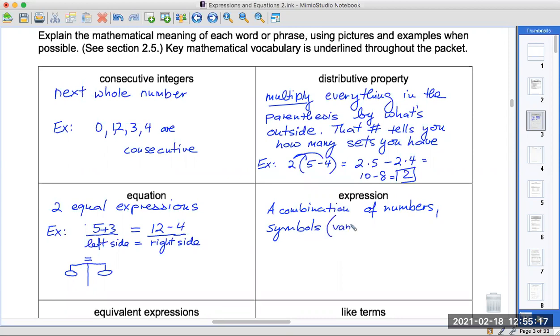We call them variables in algebra, which are usually letters, and operation signs like plus, minus, multiplying, dividing. Those are the 4 signs we know what we can do with numbers in arithmetic. So we have a combination of numbers, symbols, which are called variables, and one or more of these signs.